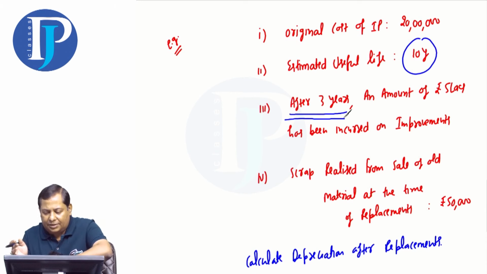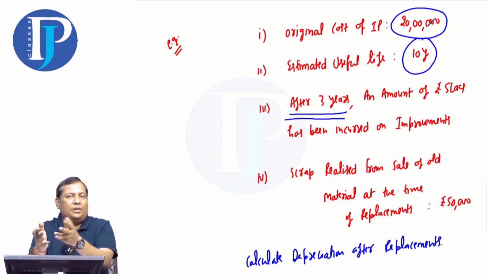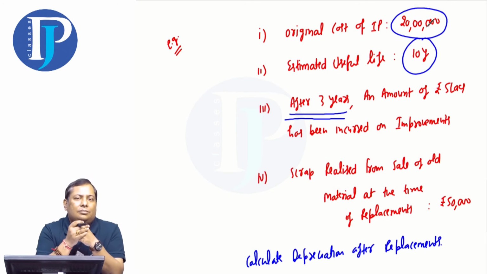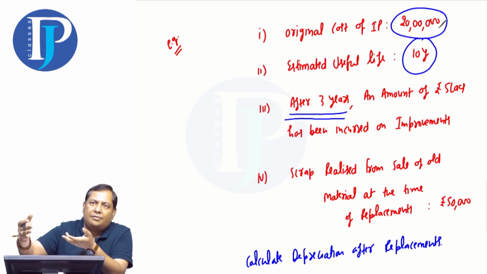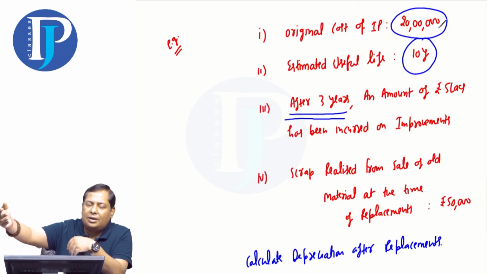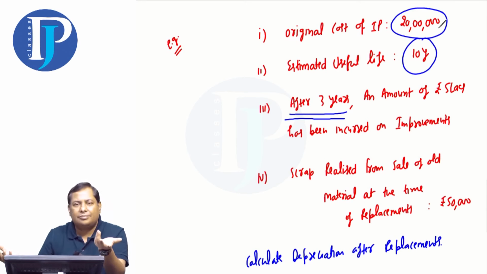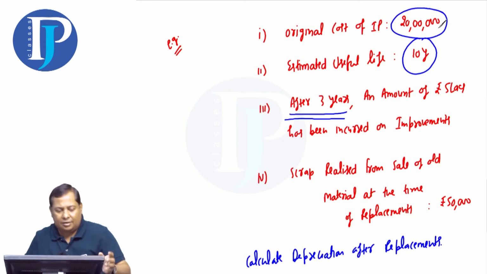It's not mentioned anywhere that there is any interior work or artwork worth 20 lakhs with a different life. There is nothing on different components. If the question stated that there is some special work within the 20 lakh with a different life, we would have kept track of each component separately. This is simple information. Just add or subtract. Okay?